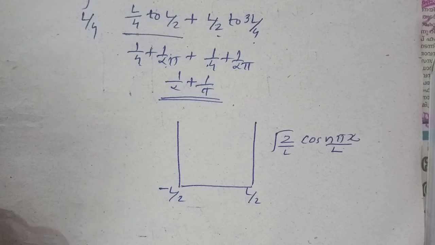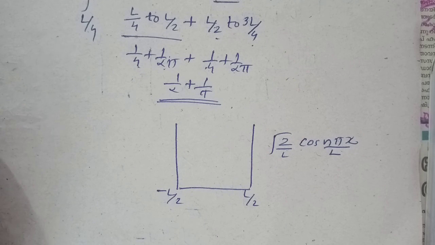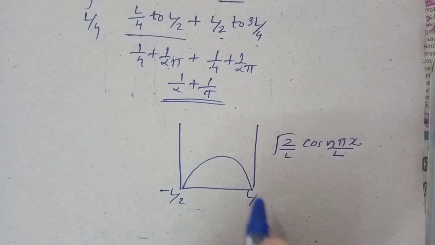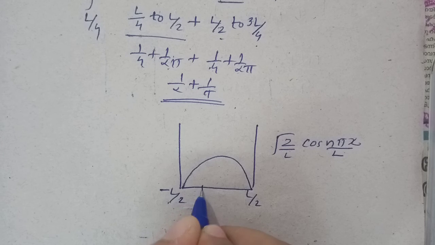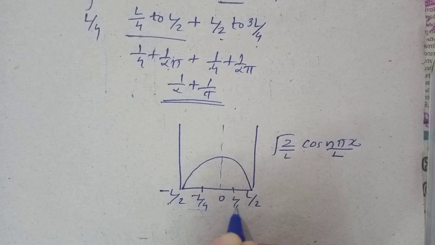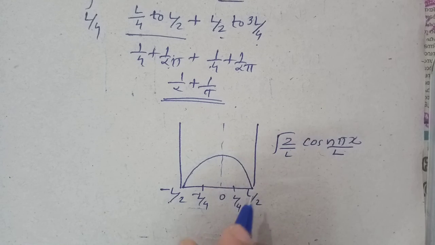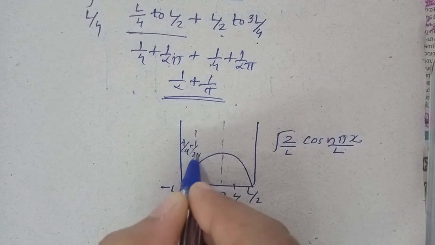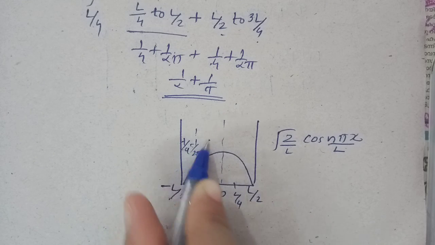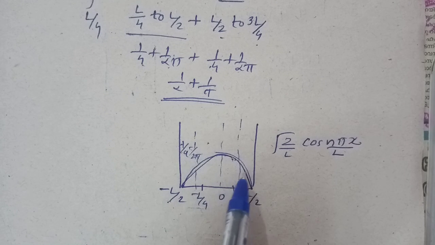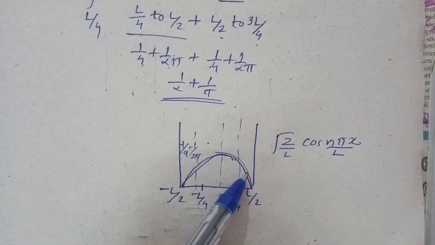Okay, so here it is minus L/2, half is 0, this is minus L/4, this is L/4, and here also the wave function is like this. The probability here is less, so 1/4 minus 1/(2 pi). Here it is greater, so 1/4 plus 1/(2 pi). Here it is greater, so 1/4 plus 1/(2 pi). Here it is small, so 1/4 minus 1/(2 pi).